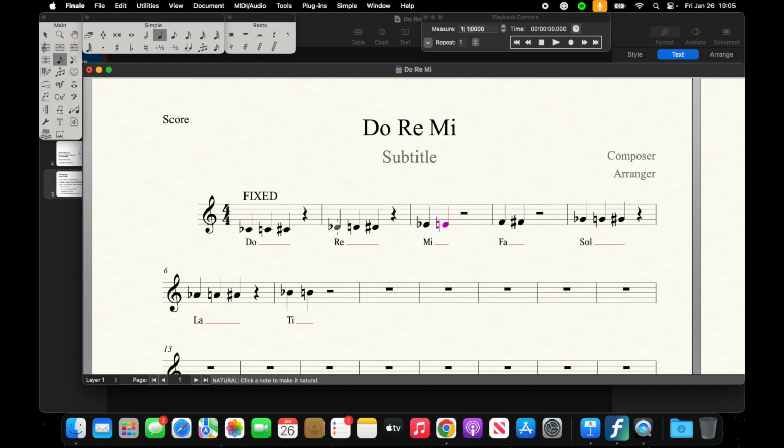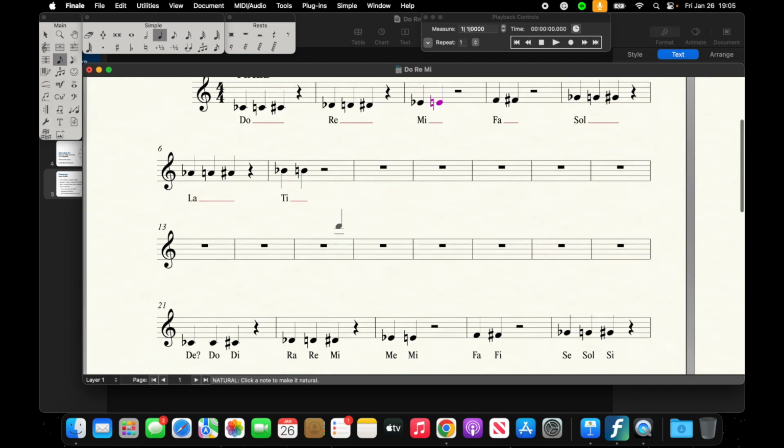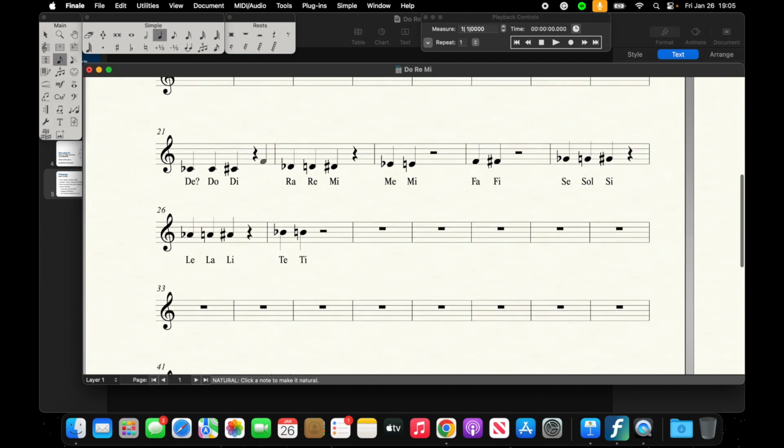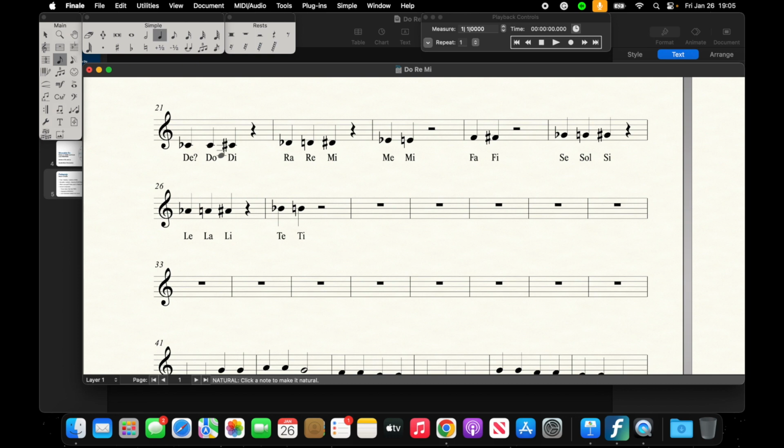All right, that's the advantage. They don't change. The only thing is that the actual pitches change, and it's not indicated in fixed do. Well, it is indicated by the writing, but you actually have to hear it first to know which one is correct.